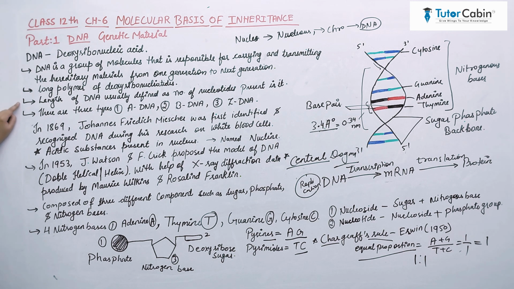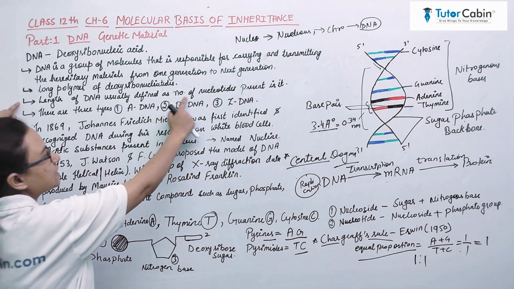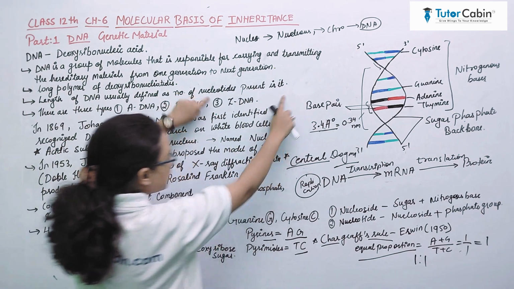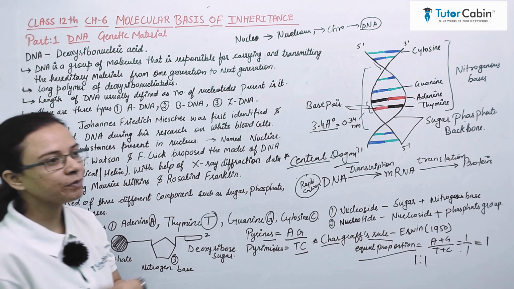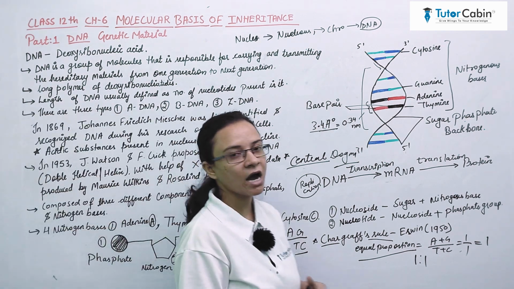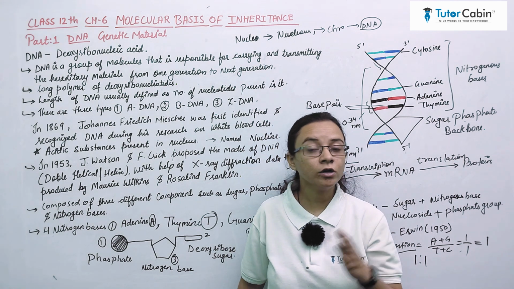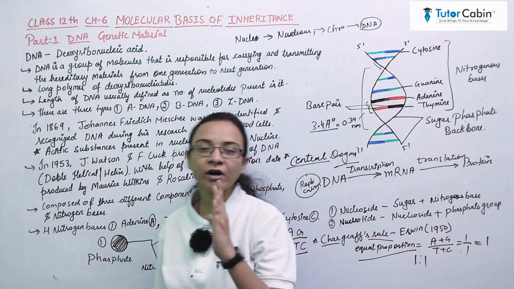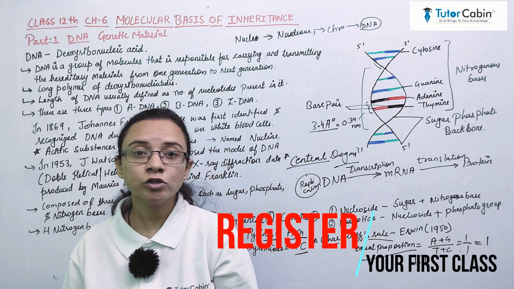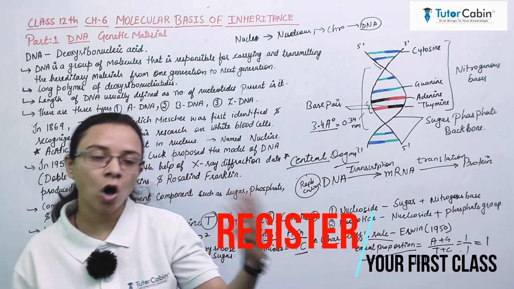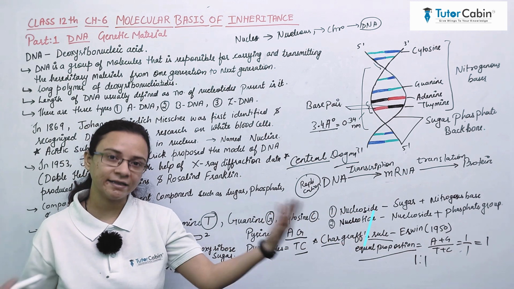deoxyribonucleotides. The length of DNA is usually defined as the number of nucleotides present in it. The length of DNA is mainly proportional to the number of nucleotides present. So if more and more nucleotides are present, the DNA will be long, or lengthy.